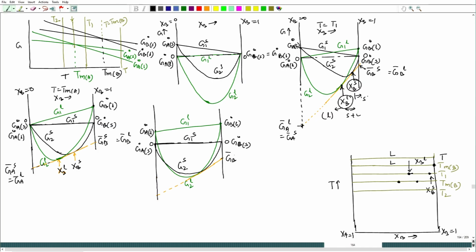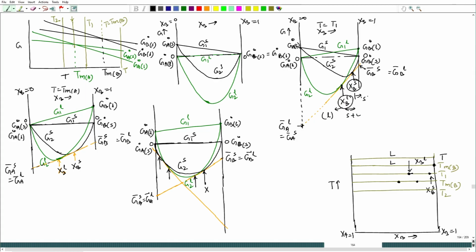This is G B bar of solid equal to G B bar of liquid, and here G A bar of solid equal to G A bar of liquid. This is one common tangent. Another common tangent is coming here, which is going through this. If we extend it, this point is one composition and this is another composition, and here we have one composition, another composition.